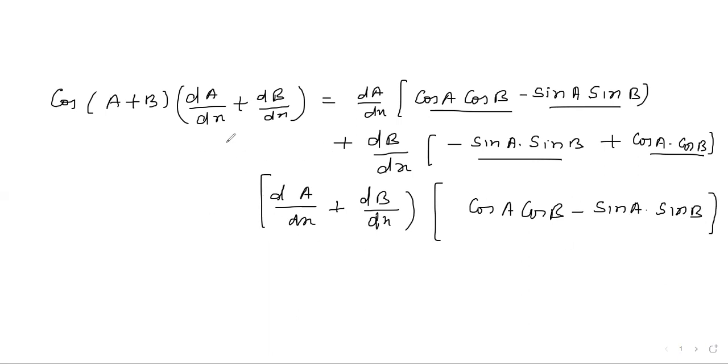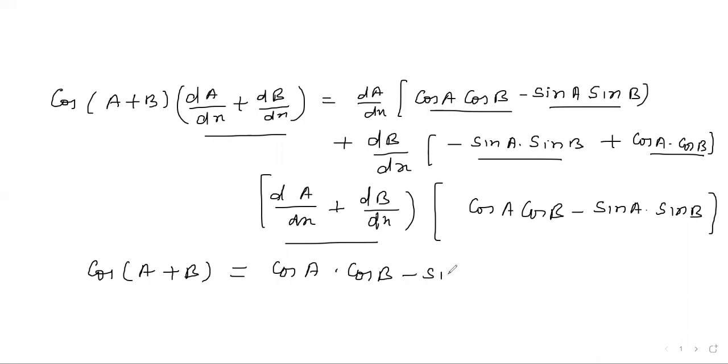If we compare, we can cancel this term from both sides. So what do we get? cos(A + B) equals cos A cos B minus sin A sin B, which is our required formula.